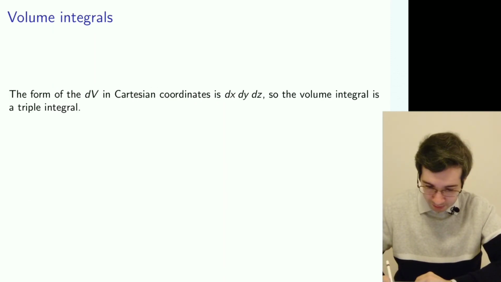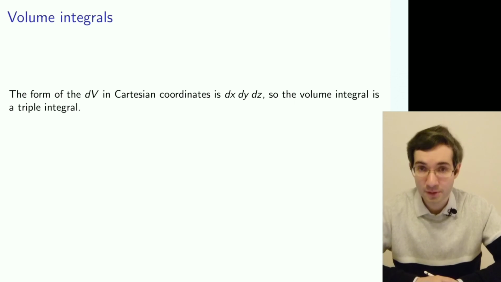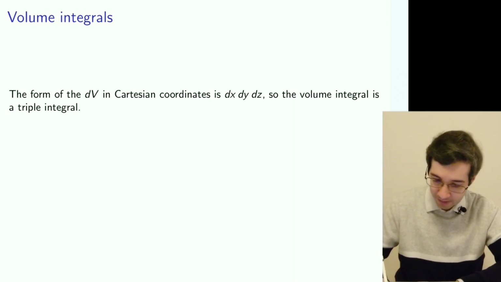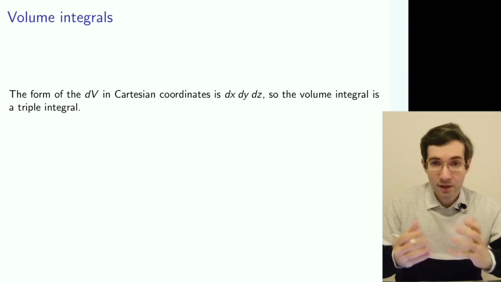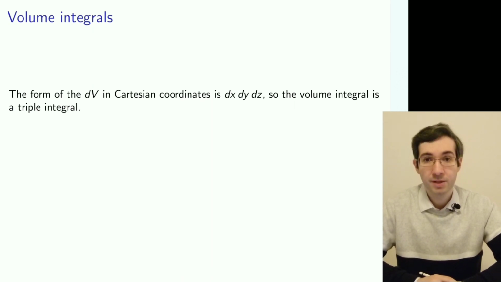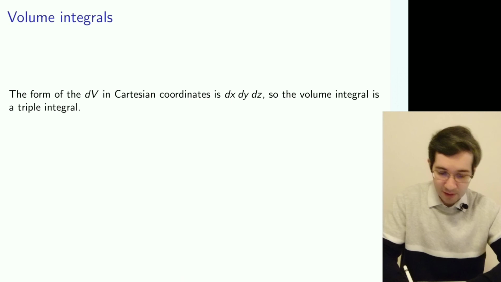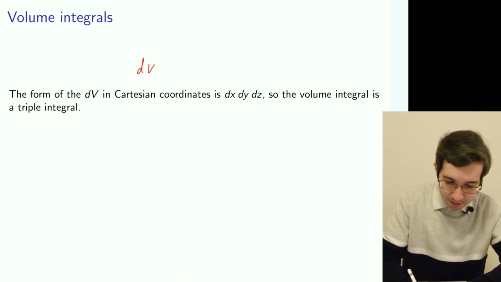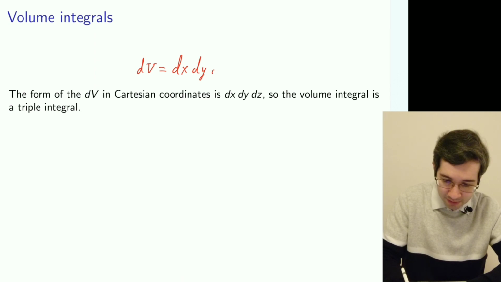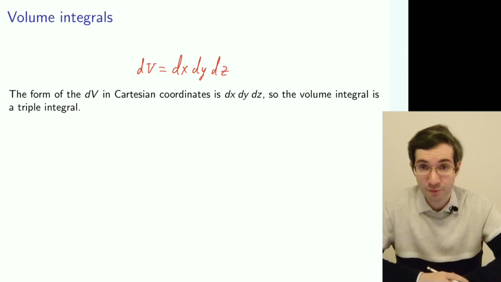But how can we compute these volume integrals? Again, briefly. We have the traditional Cartesian coordinates where things are just parallel to the axes. Then our volume dv is just the product of these little elements in the x, y, and z directions. So that you've seen before.